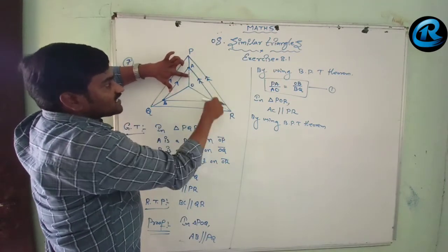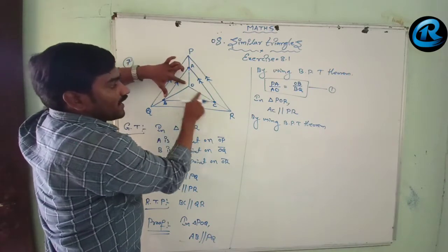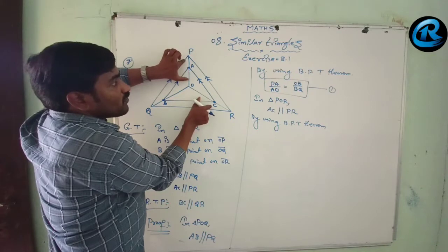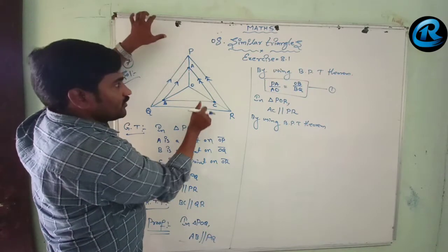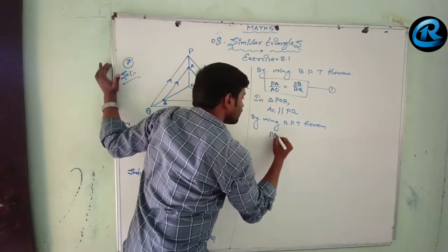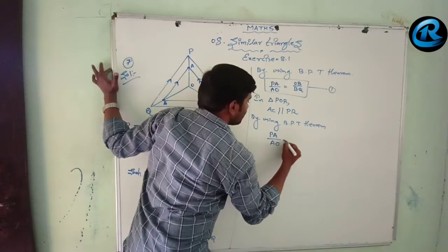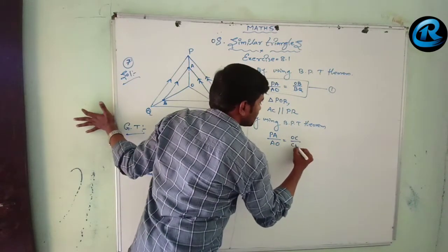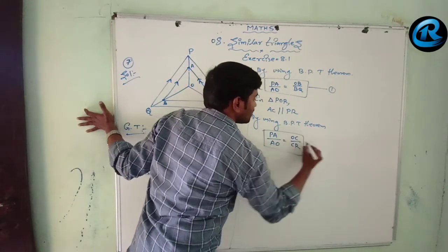So this AC line intersecting PO and OR, and it will divide this PO and OR into the same ratio. So PA by AO, which is equal to OC by CR. This is equation number 2.